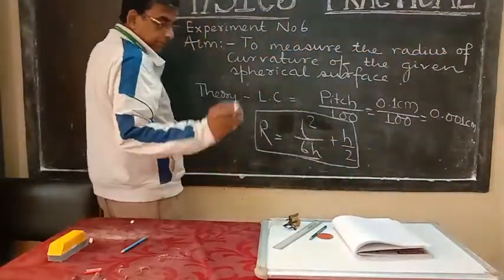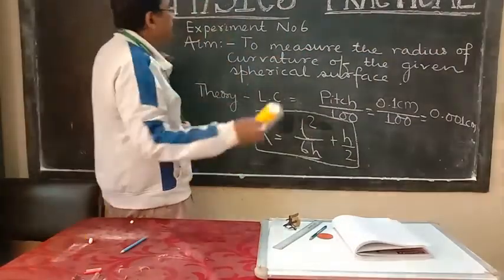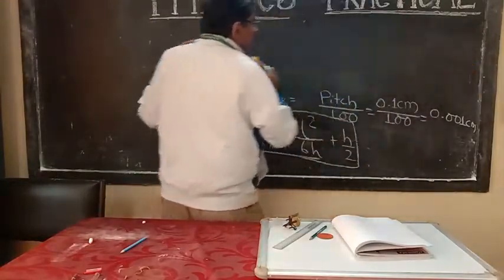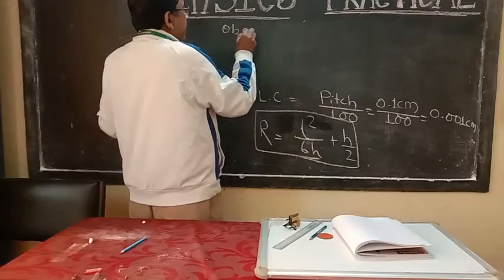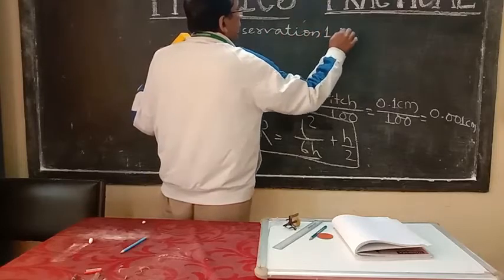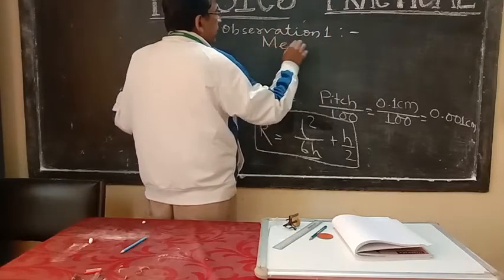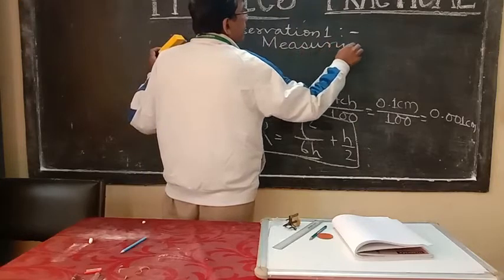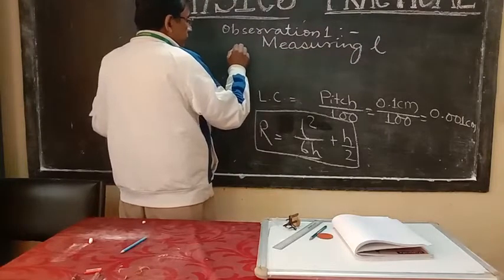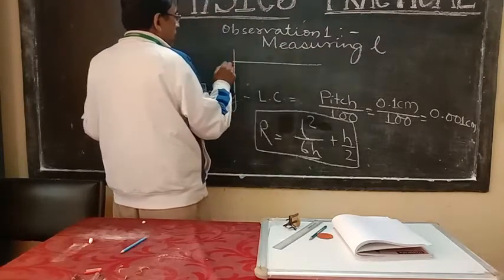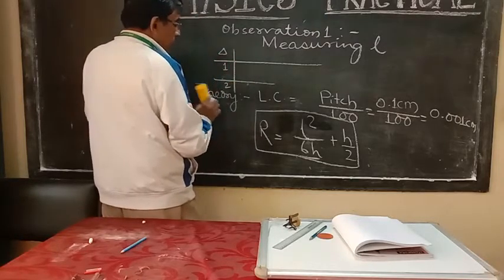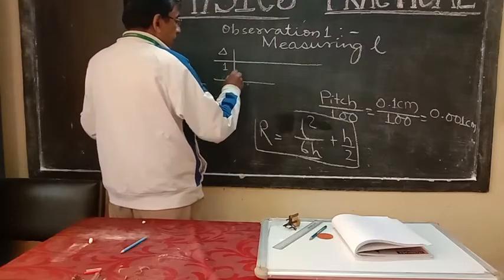Write down observation 1, that is measuring L. So first triangle 1, triangle 2, then triangle 3.